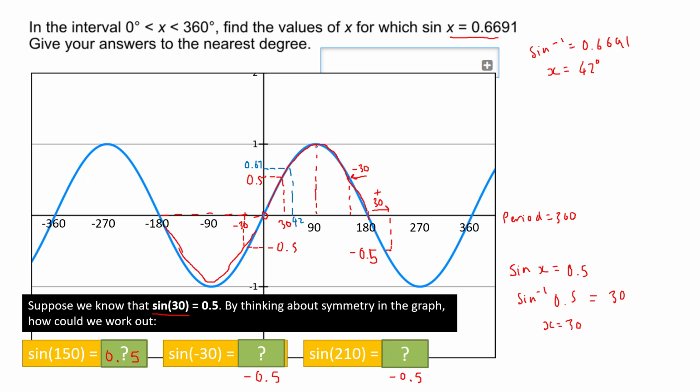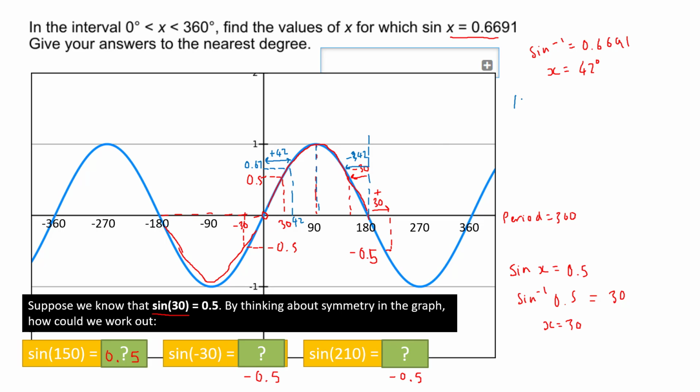So if you look at the symmetry here, you've gone essentially plus 42 this way. So from 180, if I draw a line up, you can see that must be minus 42 from 180.